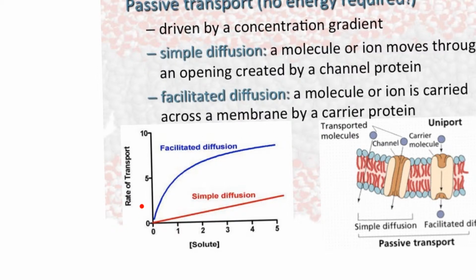Why is that? Why will it level off if it's facilitated diffusion? There's only so much you can facilitate. There are only so many enzymes or pores or whatever it is that's doing the facilitating. And so at some concentration of solute, it's going to be completely bound, or busy, when you think of it that way. And therefore, it will level off.